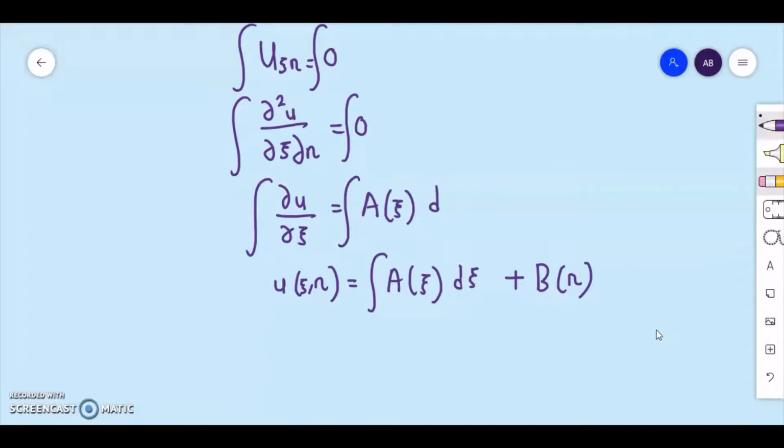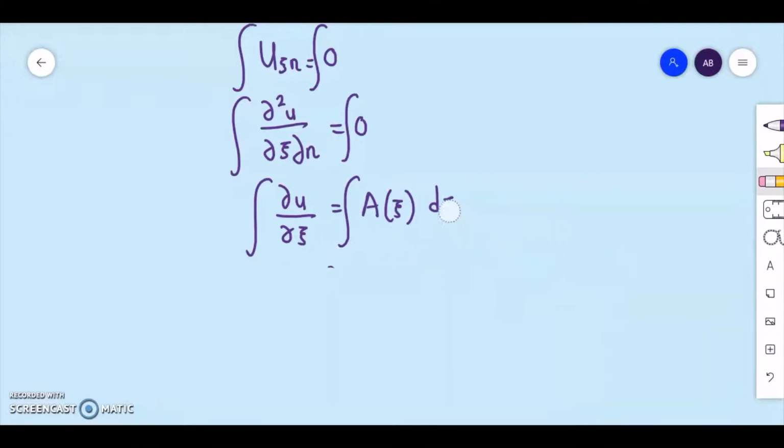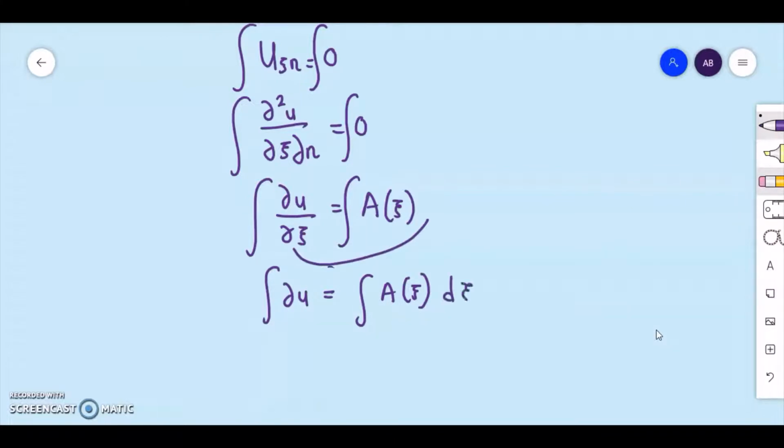So maybe I gotta write it down clearly. If this notation is very difficult to understand, let me put it in an easier way. So what I do here, this I here, move it on this side. Now I can integrate this one.